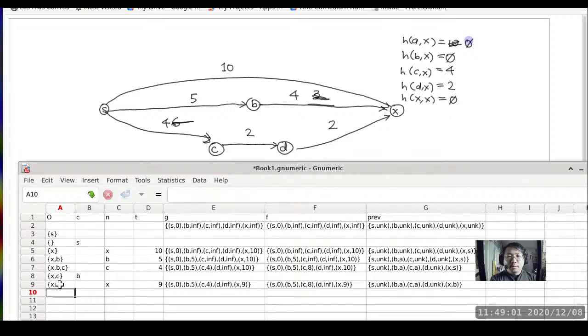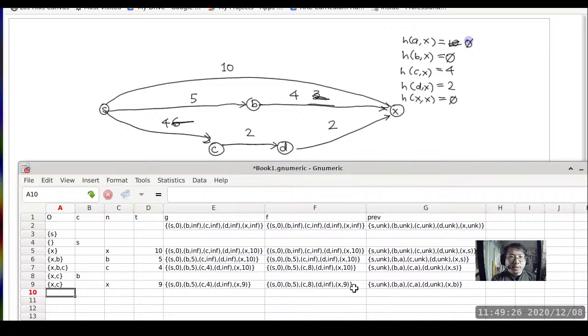So now we get back to the outer loop, which is the while loop, and then we ask the question, okay, is the condition of the while loop still true? Well, O is non-empty. And the second question is, if I look at the f value of the elements in O, is there at least one vertex in O such that its f value is less than the g value of x?